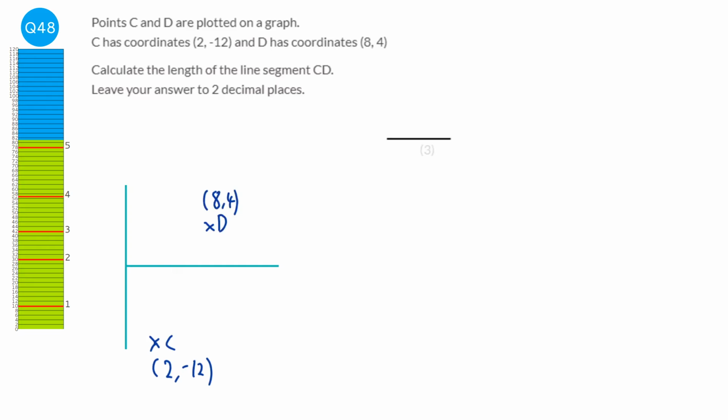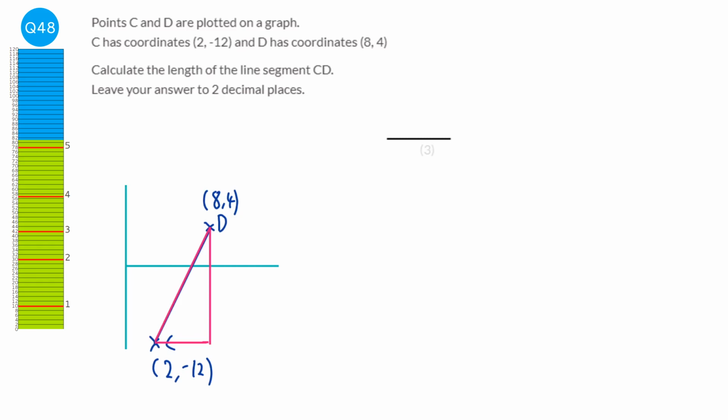So we're asked for this distance here. Now we can see that we can actually make a right angled triangle with this line segment. And we've got to find out what each of the sides is going to be. So the bottom one starts at x coordinate 2 and goes to x coordinate 8.